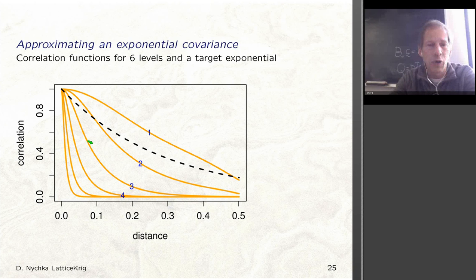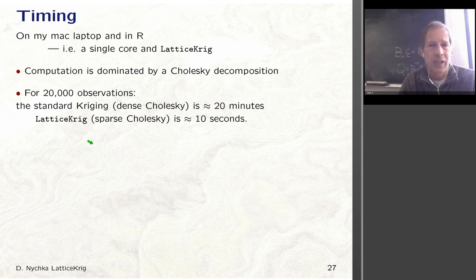this is quite fast. If we just do a head-to-head comparison between, say, 20,000 observations using the standard Kriging calculations, it takes about 20 minutes. A comparable timing in that case would be about 10 seconds.